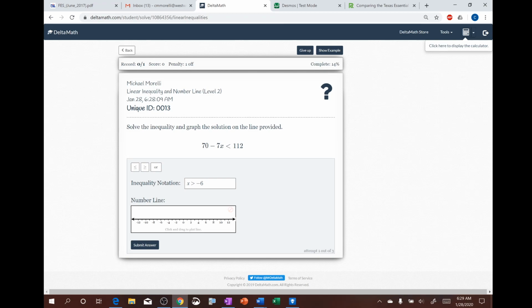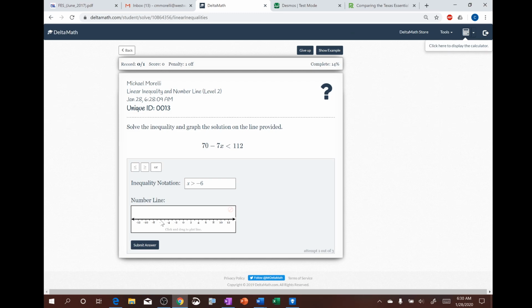Why isn't it letting me do it? Hang on one second. Try with the mouse.